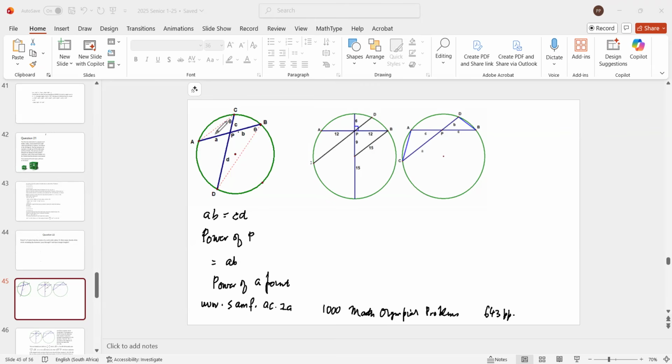So they are similar, which means that the sides are in proportion, right? Now you take the side A in this triangle, it's opposite theta.